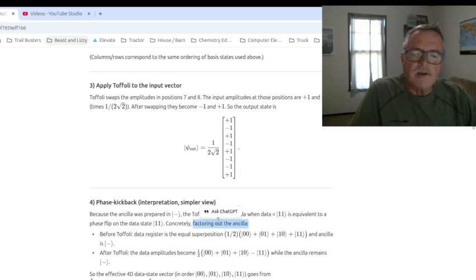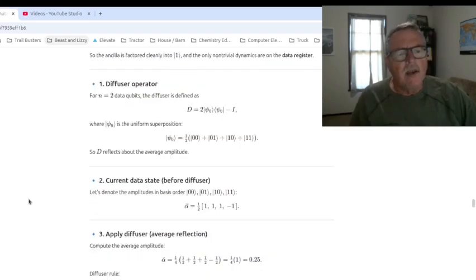When we factor out the ancilla bit, we notice that here's the state before we applied the Toffoli gate, and here's the state after we apply the Toffoli gate. And notice it puts a minus sign or marker right on the state that we want to be searching for. Now, once we've done this Toffoli gate, the next step is to do a diffuser operator.